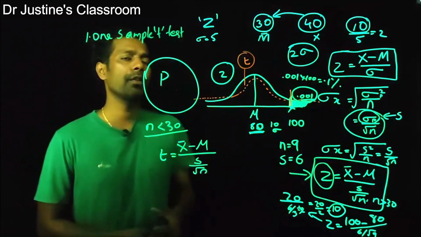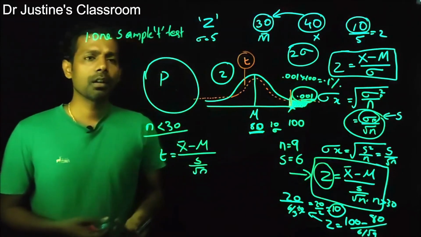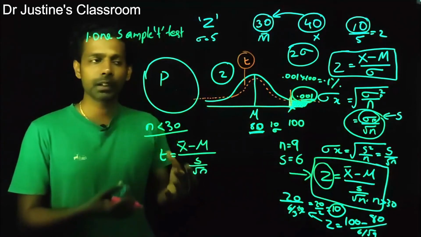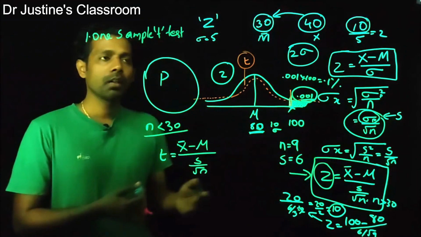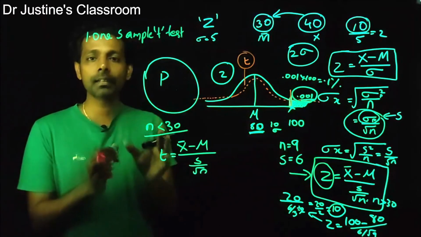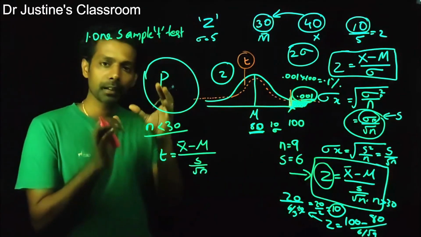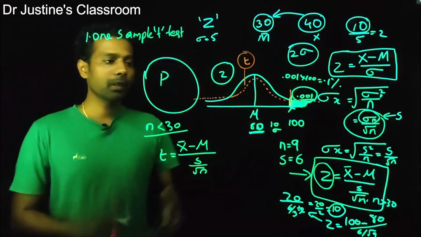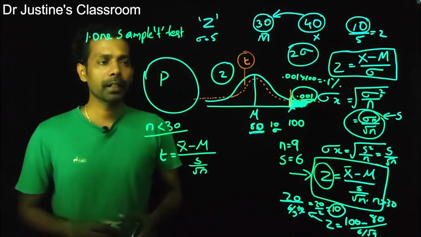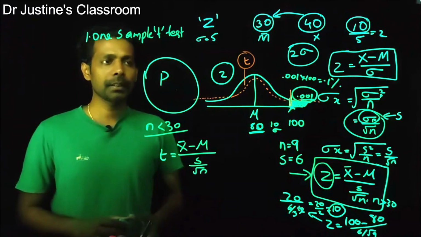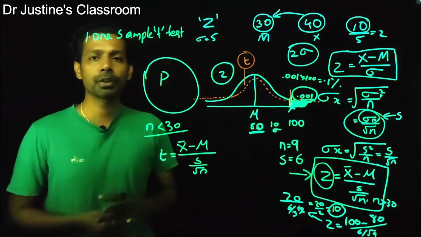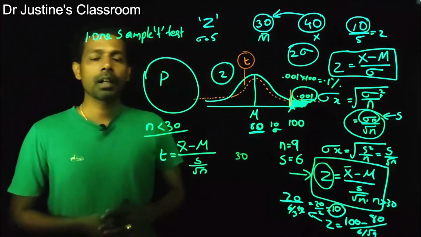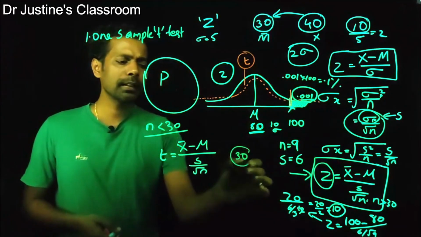Consider a context where you have a sample and you need to know whether the sample is different from the population. That means you have just one sample, and you compare this sample mean with some other value. For example, let us say I have a few kids whose social maturity score is, let us say, 30. This is the sample.